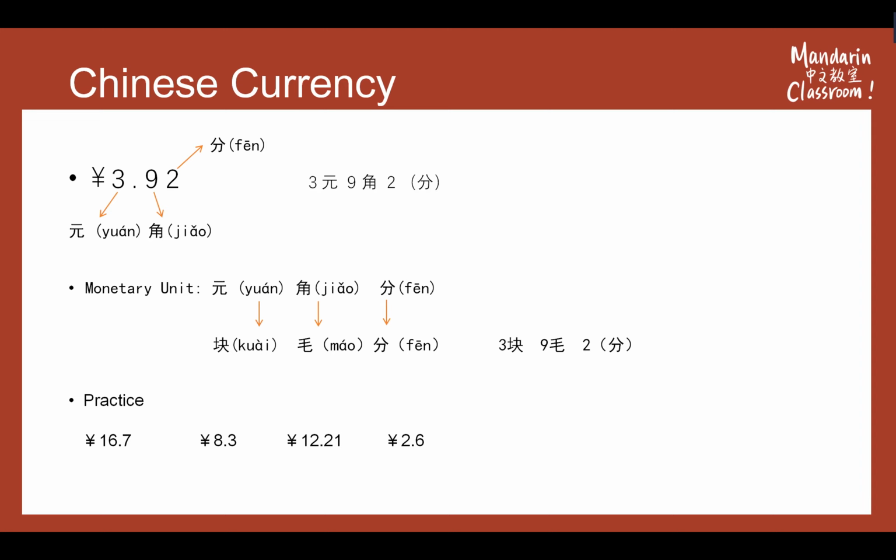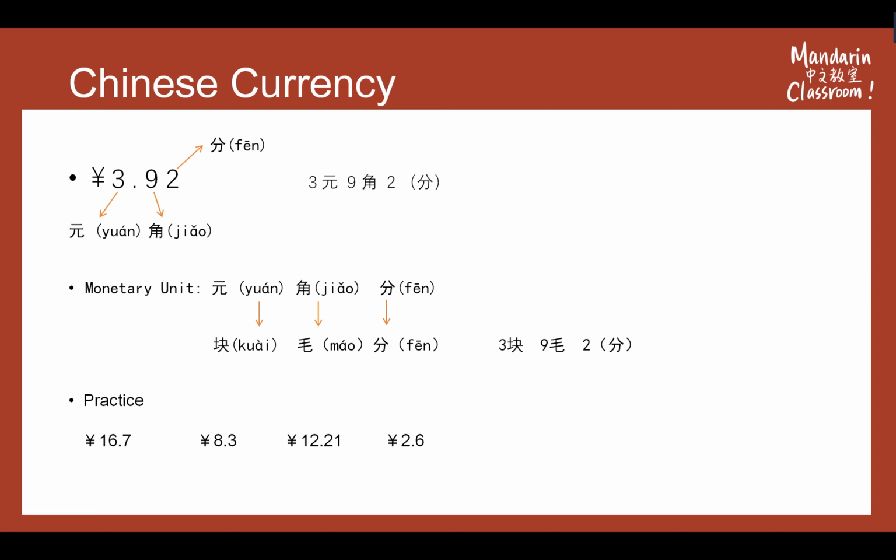That's why 12.21 I say 12.2毛1, because after the 2 it has a unit, and I can avoid saying the last one.